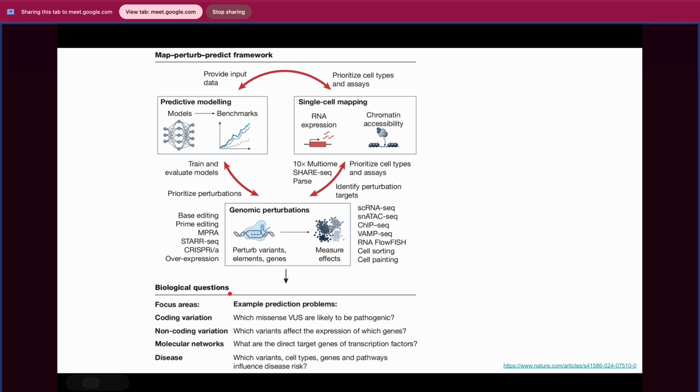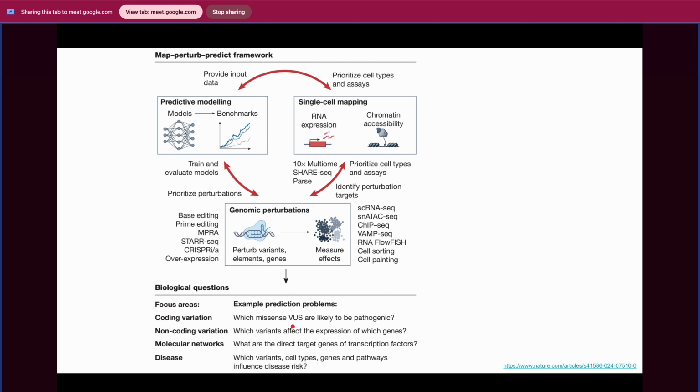So now what kind of biological questions can be answered by this, or what questions they have mainly asked, is about coding variations. In coding variations, they have asked which missense variants of unknown significance, VUS, which stands for variants of unknown or uncertain significance, are likely to be pathogenic. So there are some variations which are missense.